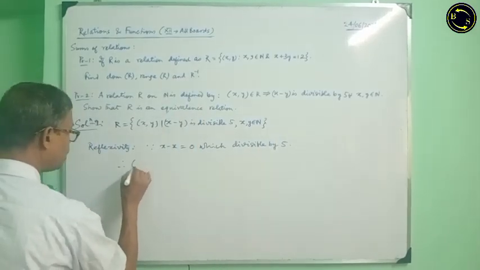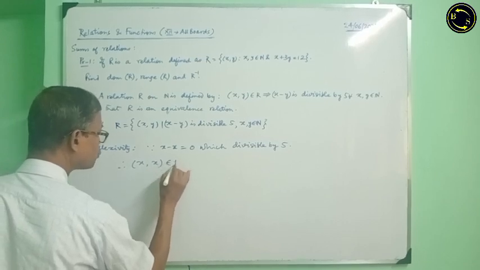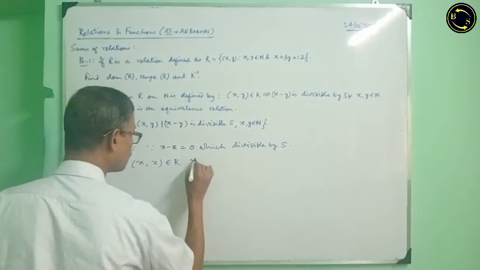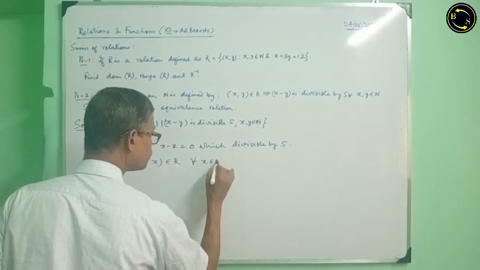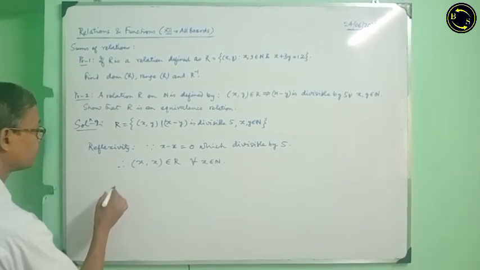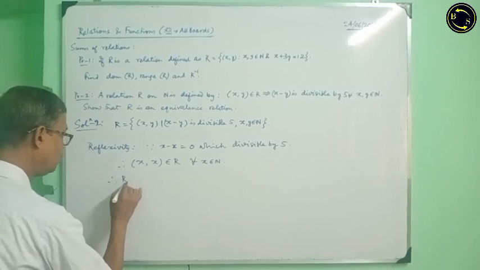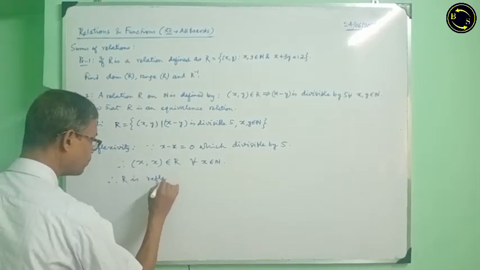Therefore, (x, x) belongs to R for all x belongs to set of natural. Therefore, R is reflexive.